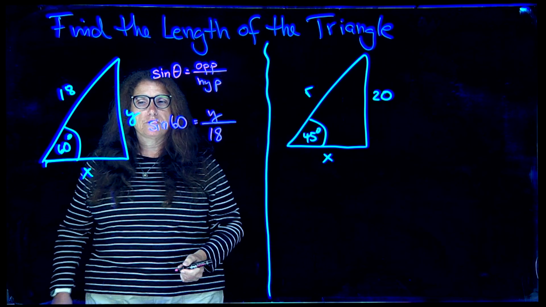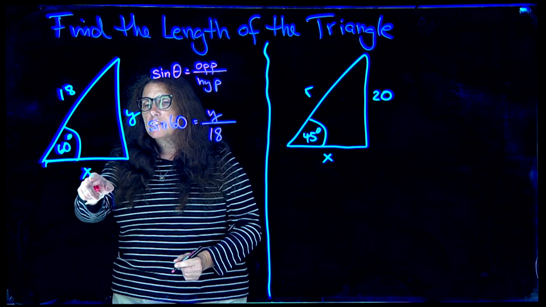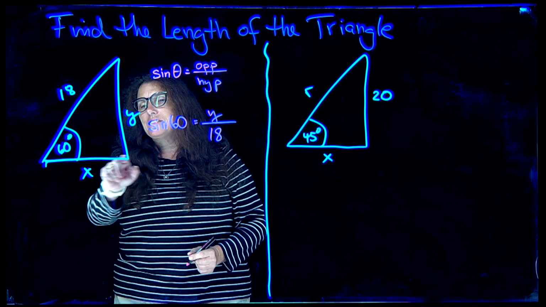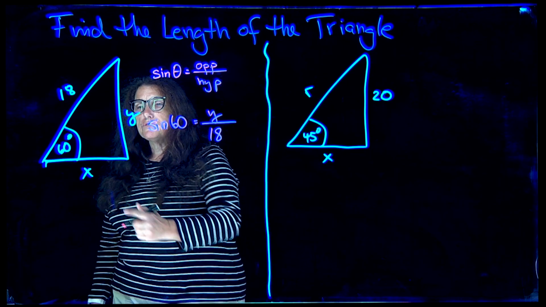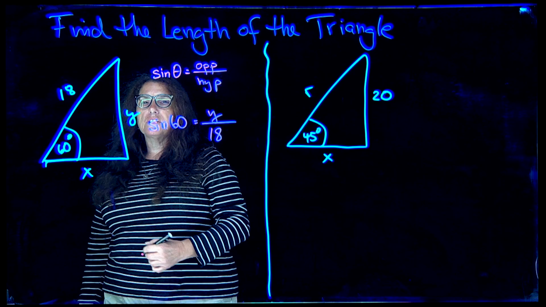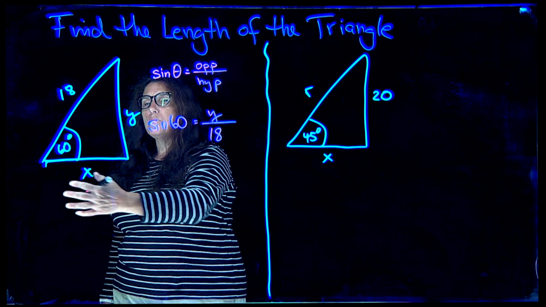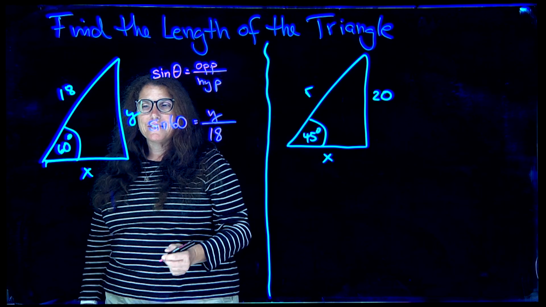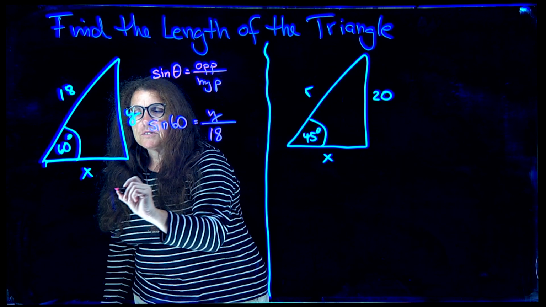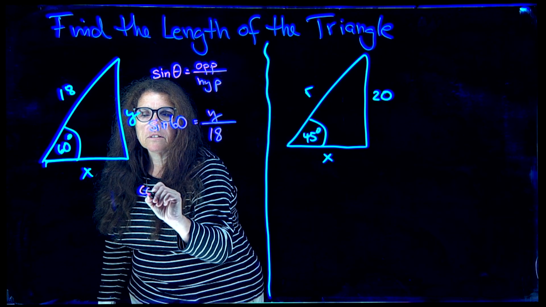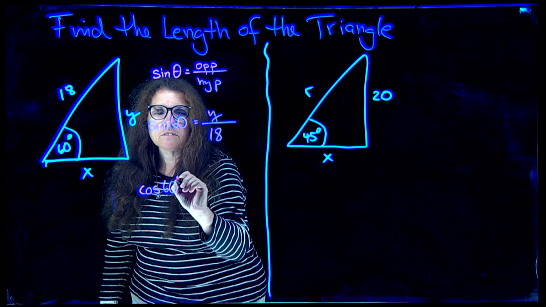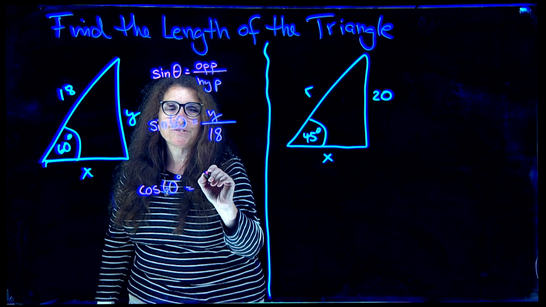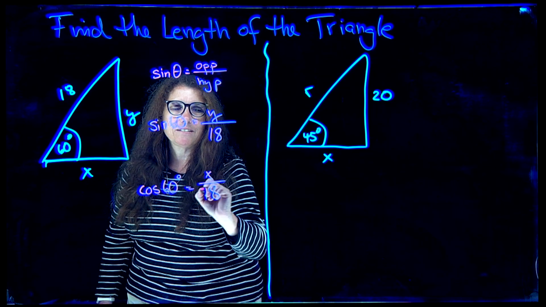That's how I find y. To find x, x is the side adjacent to the angle of 60 degrees. Adjacent over hypotenuse, we all know, is cosine theta. So the cosine of 60 degrees is equal to x over 18.